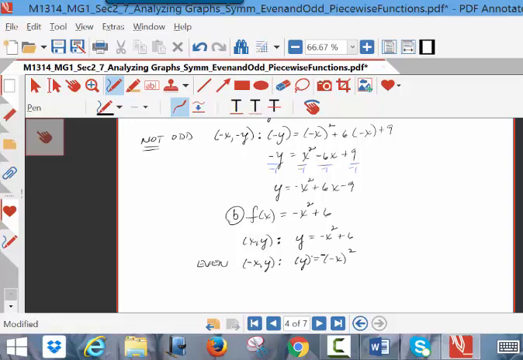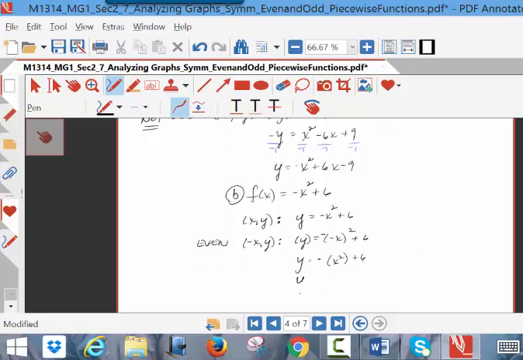But don't forget there's a negative in front of it. So this is y equaling a negative in front of, negative 1 squared is positive. There it is. Did it work?